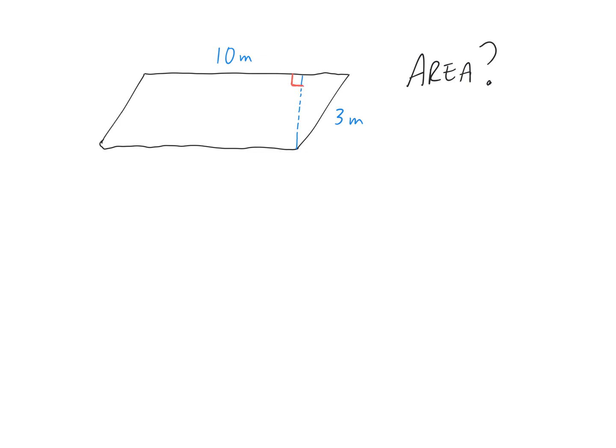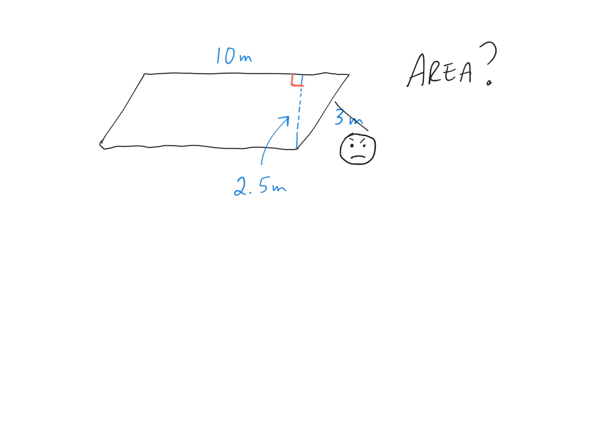Okay, so let's say this measurement was, I don't know, 2.5 meters. So if you had this question and I said, what's the area of this parallelogram? This 3 right here is actually an evil decoy. Okay, I'm going to draw a little evil face.